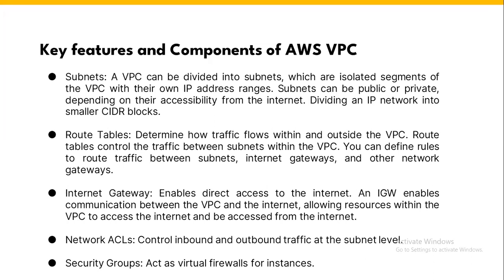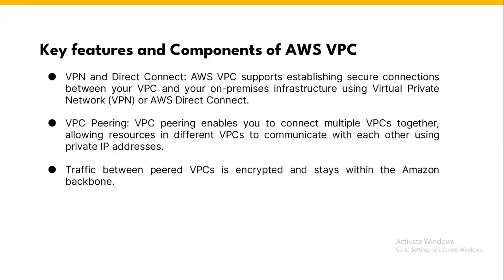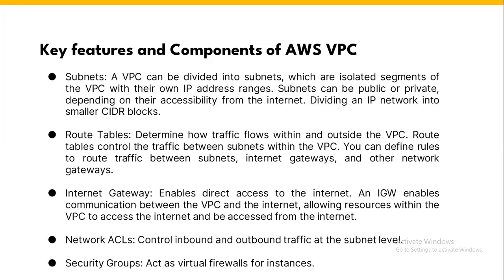Then another thing we would be talking about is the internet gateway. As the name implies, you can see that it's like an entrance through which the internet can be allowed into your VPC. The internet gateway enables communication between the VPC and the internet.